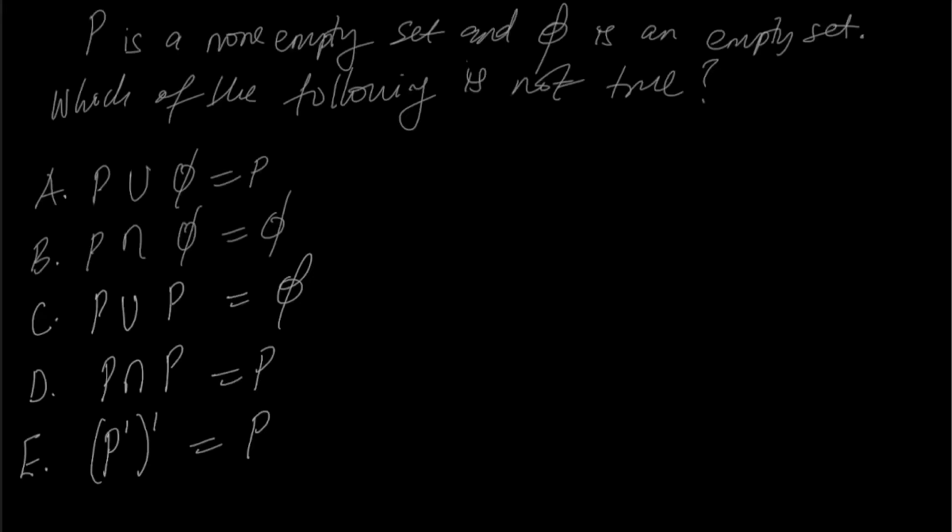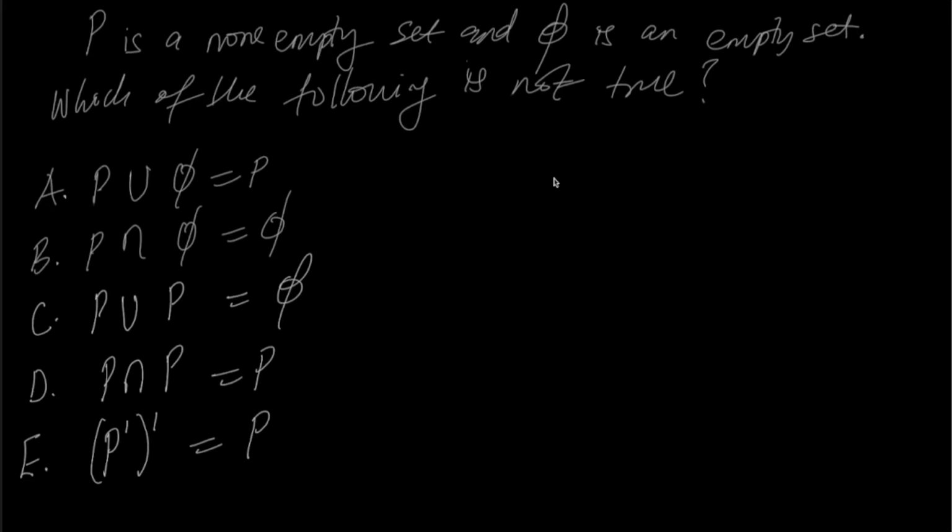Okay? P is a non-empty set and null is an empty set. Which of the following is not true? Let's see. P union empty set definitely is P, because if you have a union with an empty set, that is, we want to pick elements from P and empty set without repetition.